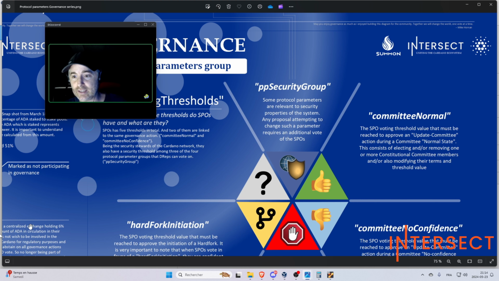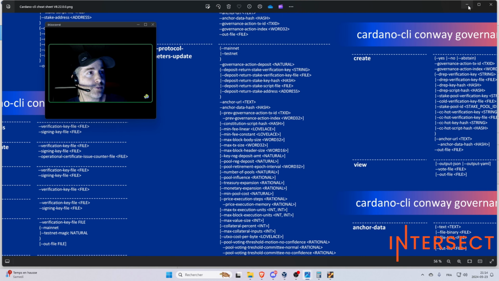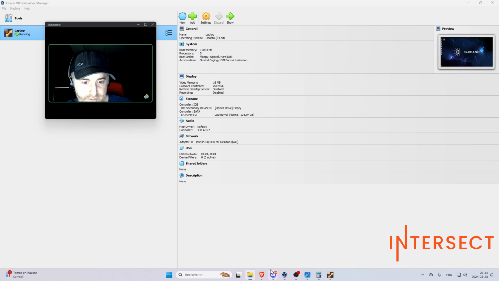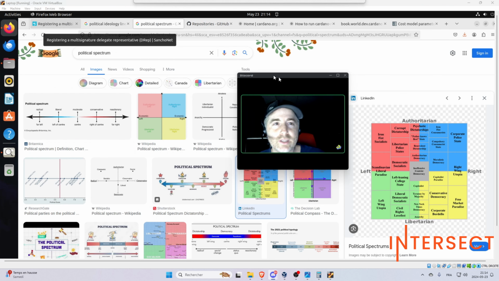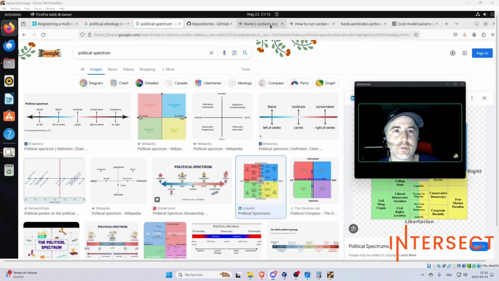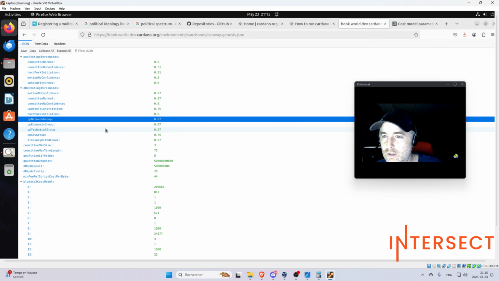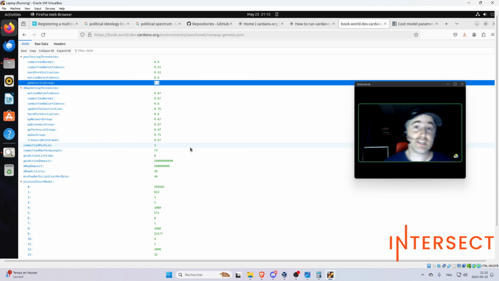And if I go according to the protocol parameter, PP security group, that's 60%. 60% of the SPOs have to vote for it.